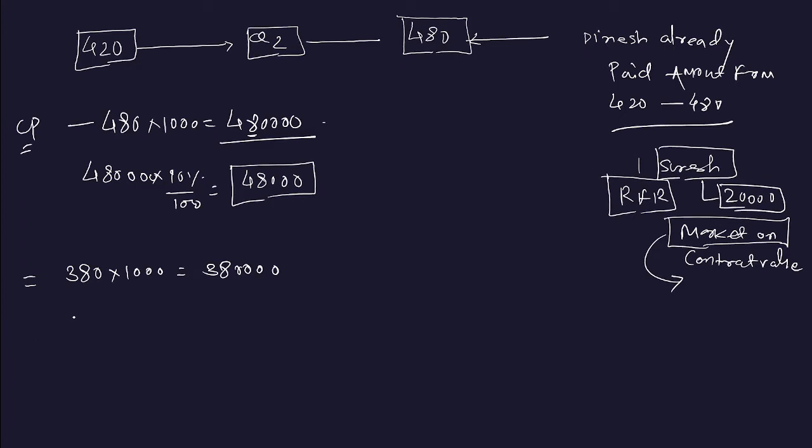See the calculation here, guys. Now Suresh is in big trouble in this case. Suresh will pay first of all 48,000, which is this part. Apart from that, Suresh will pay 1 lakh extra. Why? To bring this investment back at 480.